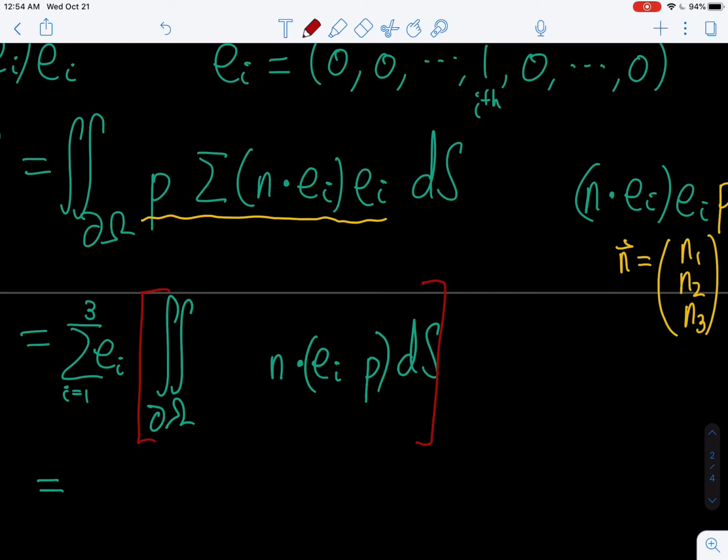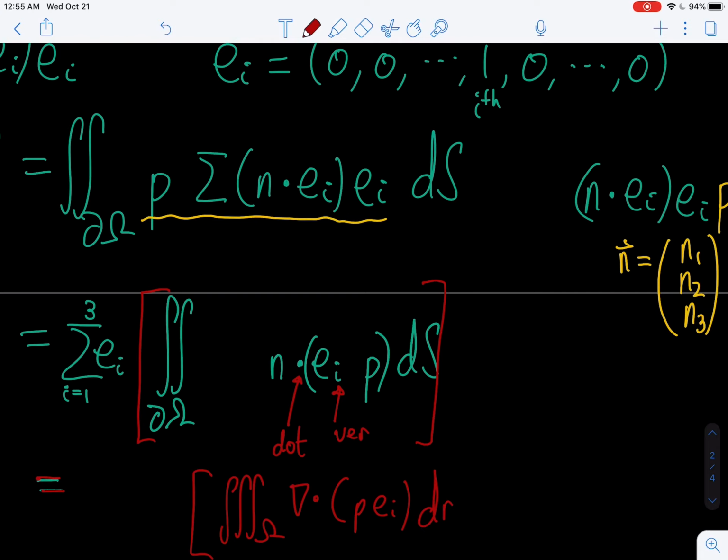Now I can use it because this is a vector and this is a dot product, and therefore this is going to be equal to the integral over the region of the divergence of p times ei, and our summation stays the same.